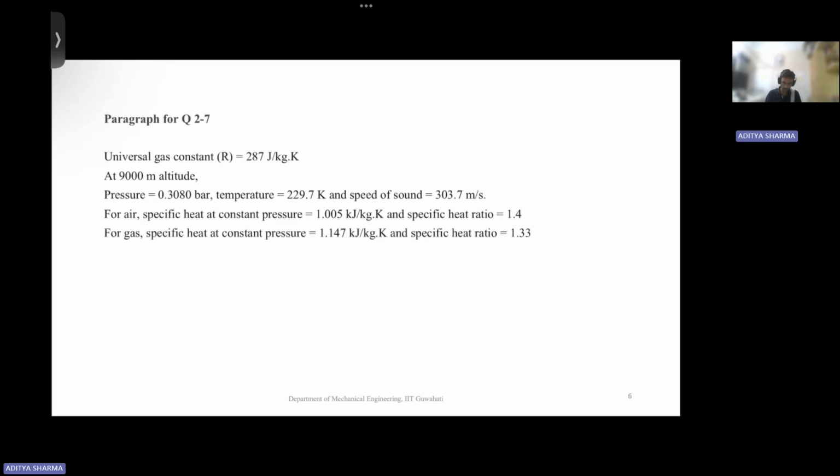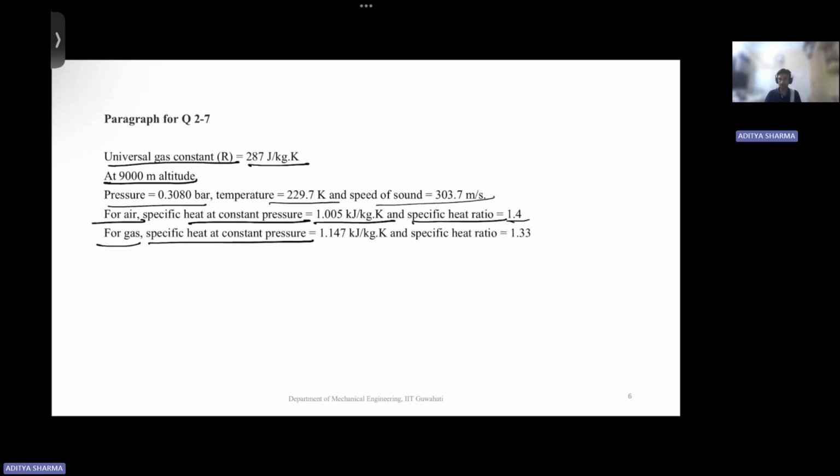Then universal gas constant R is given as 287. Then at 9,000 meter altitude, you have been given pressure as this, temperature as this, speed of sound as this. Their static properties, static values. And then for air, your specific heat at constant pressure is this. Gamma is 1.4.